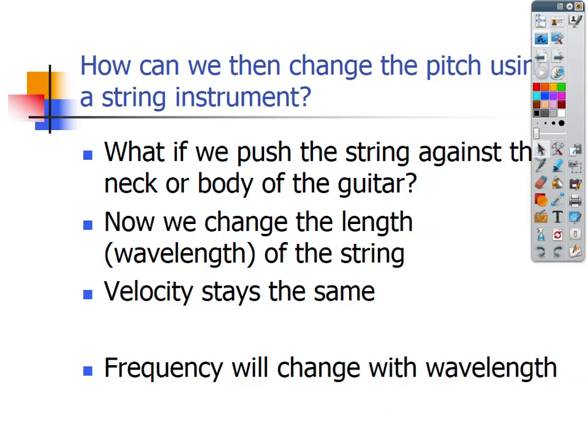Another thing going along with this guitar stuff is, why does that person constantly change their hand position? What does that do? Because if that guitarist brings their hand farther down along the neck of the guitar, you hear a higher pitch.